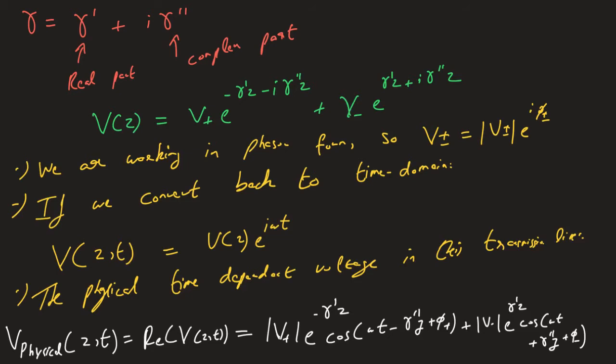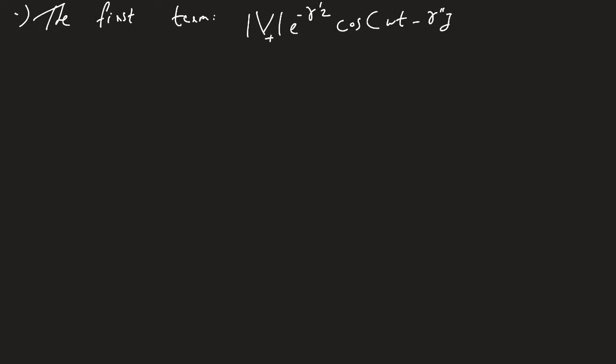I think I should just write down the first term again. So the first term was the magnitude of V plus e to the minus gamma prime z cosine of omega t minus gamma double prime z plus phi plus.